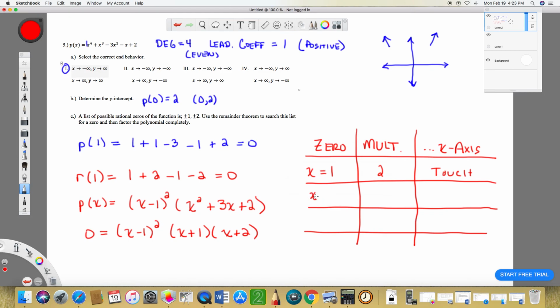We have a 0 at negative 1 with a multiplicity of 1. That means it's doing a cross. And we have a 0 at negative 2 with a multiplicity of 1. And that means it's crossing the x-axis at x equals negative 2.